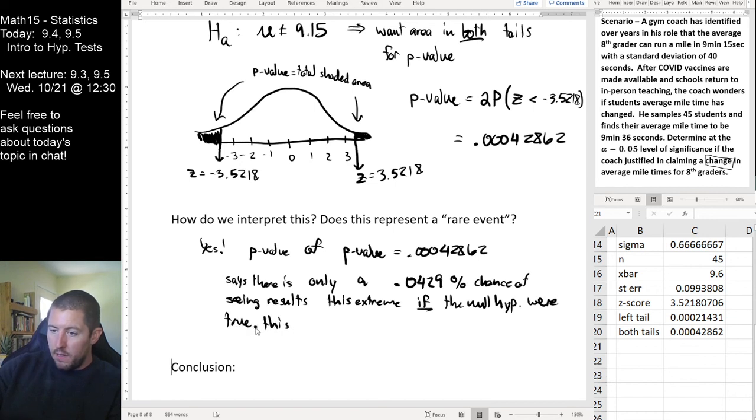This is so unlikely that we think that the null must be false.